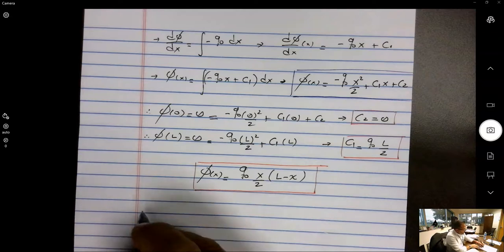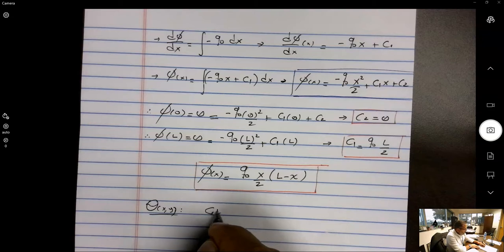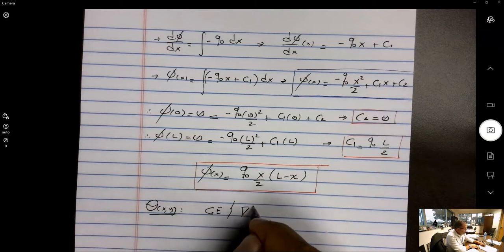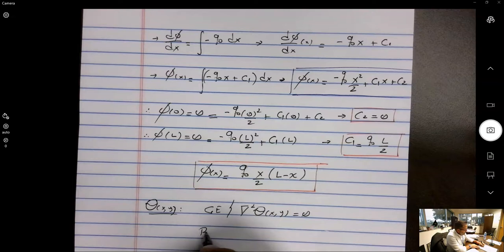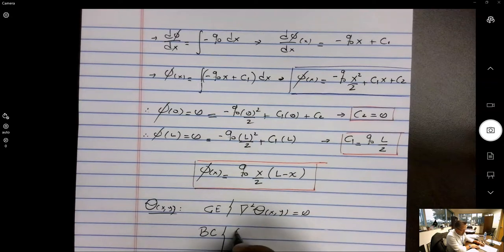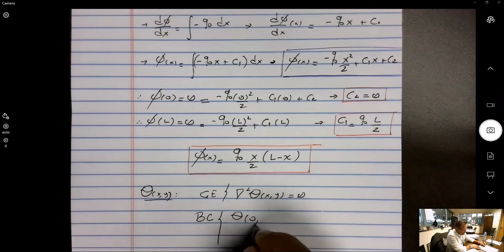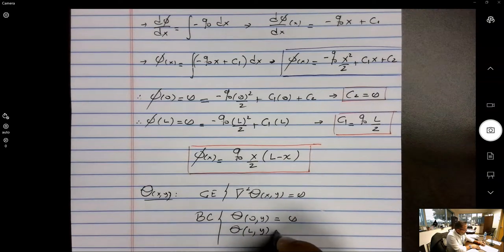Now we need to solve for theta. And theta of x and y has the following governing equation: the Laplacian of theta is equal to 0. And the following set of boundary conditions. Theta at 0, y is equal to 0. Theta at L, y is equal to 0.